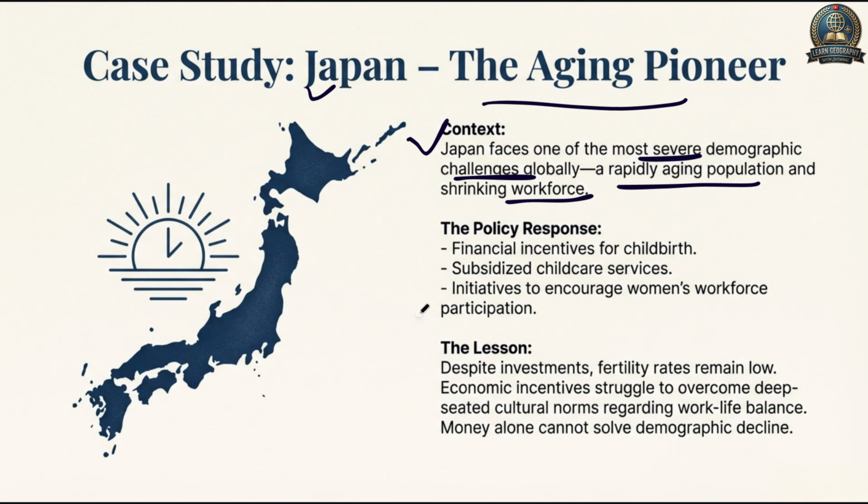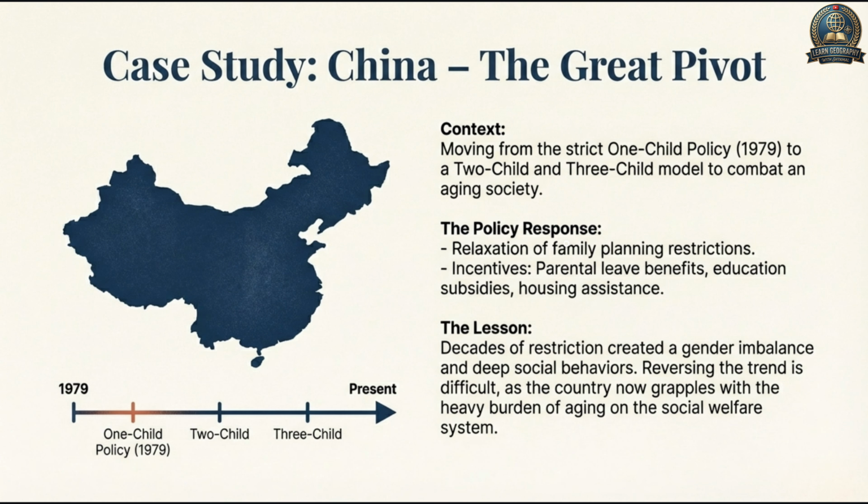The lesson from Japan: despite investments, fertility rates remain low. Economic incentives struggle to overcome deep-seated cultural norms regarding work-life balance. Money alone cannot solve demographic decline. This is the scenario in Japan.